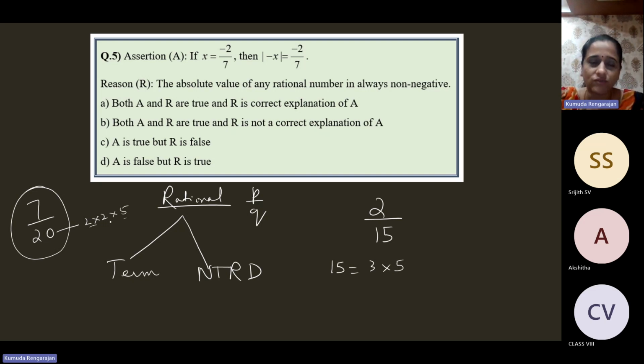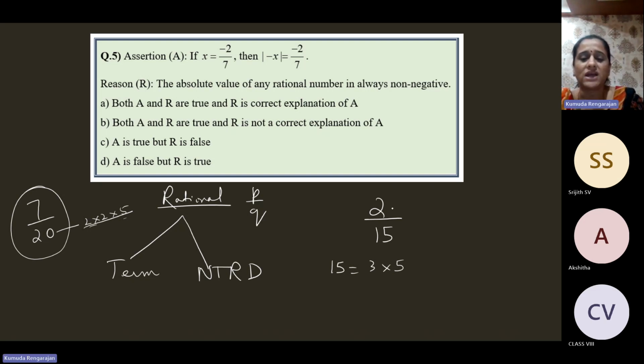If the factorization of the denominator has only 2s and 5s, then that P by Q will have a terminating decimal expansion. Like in 7 by 20, the prime factors are only 2 and 5, so it has a terminating decimal expansion. That is, the division will come to an end with a 0 remainder and the quotient will be a terminating decimal.